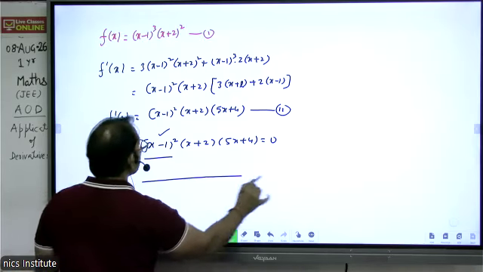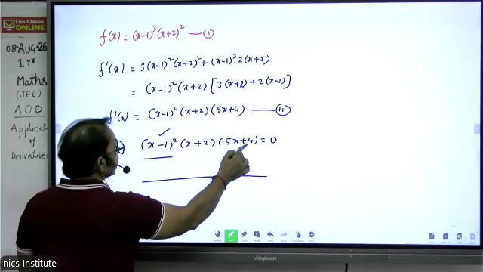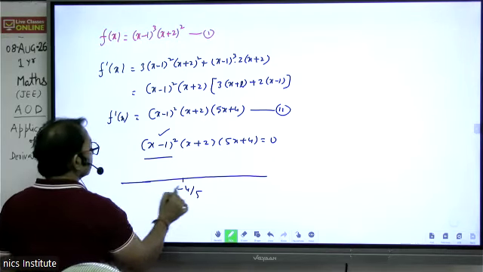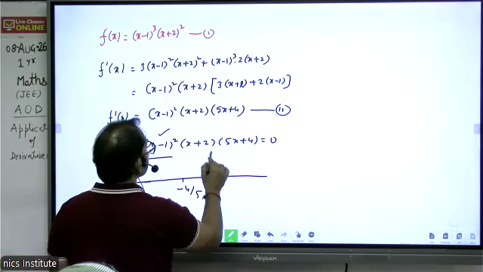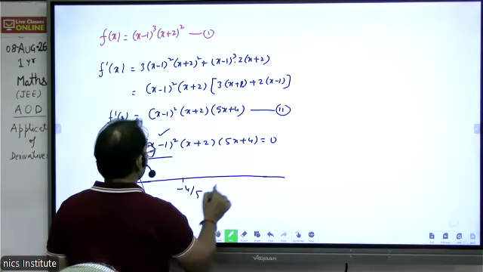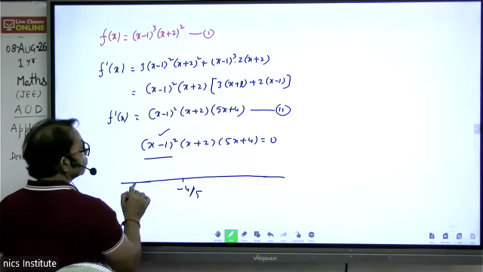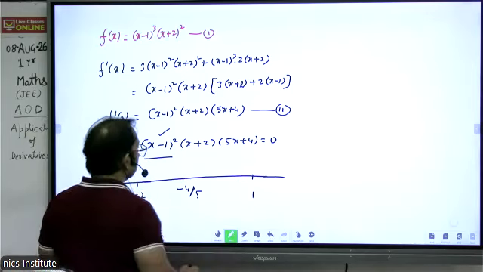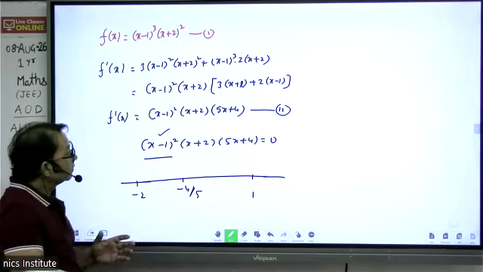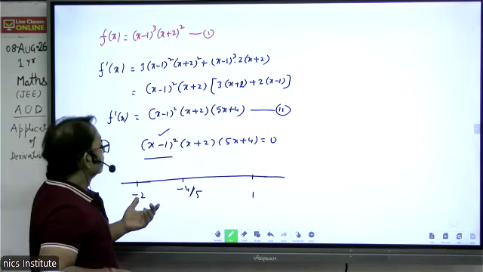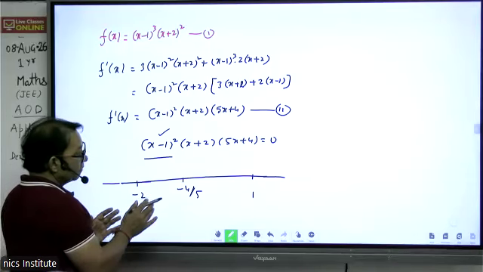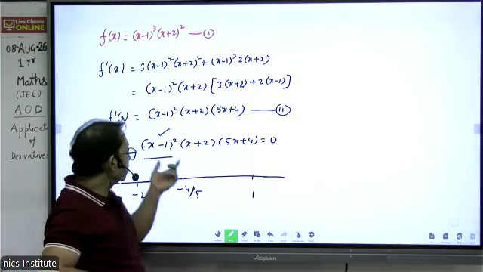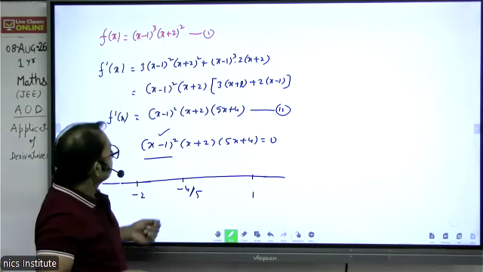So either you can make a sign scheme. ये कितना आ रहा है? -4/5. So -4/5, and then it is -2 and 1. So 1 is not a critical point. ठीक है? This is a number line. The sign is not changing across 1 because 1 is not a critical point.